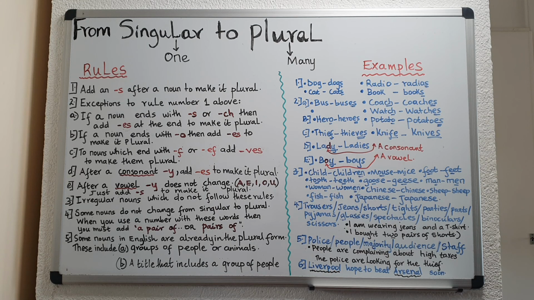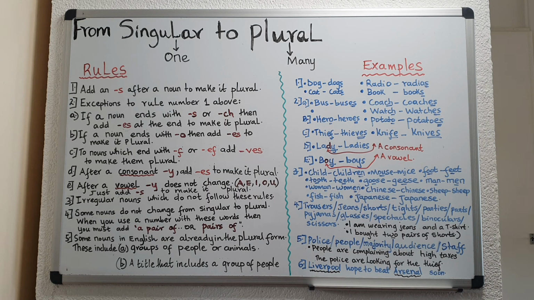For example, look at example 6 on the right. Liverpool hope to beat Arsenal soon. Now, Liverpool is a football club, it's a football team. That means that there's more than one player. So that word is already plural.